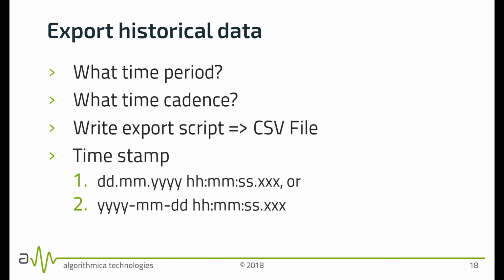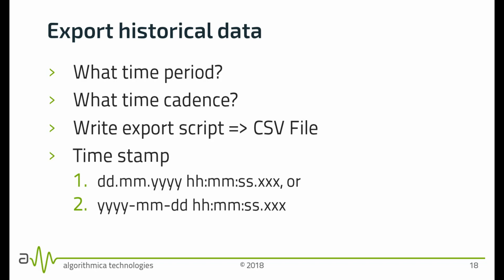The first column in that CSV file will be the timestamp, and every other column in that CSV file will be the actual measurement value of each tag on our tag list. And of course, the order of columns in the CSV file for the data should be the same order as the tags in the list of tags. Now, one important format requirement is that the timestamp should be in one of these two formats that's cited here.